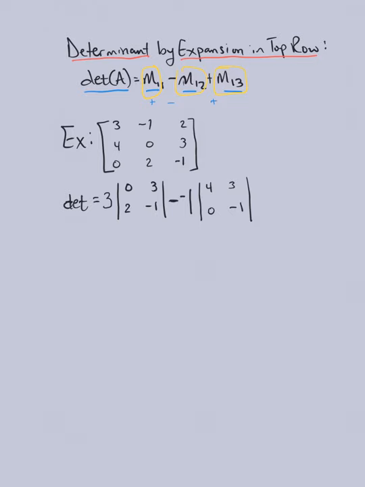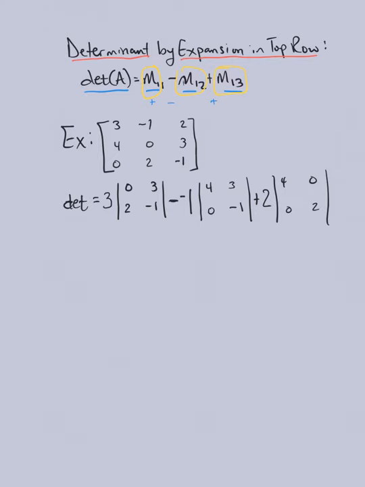My entry, some people call that the pivot, is 2, so I'm going to multiply by 2 and think about crossing out its row and column to get that resulting determinant. I'm going to have plus, because of the pattern, plus 2 times, and then the resulting determinant here is 4, 0, 0, 2.